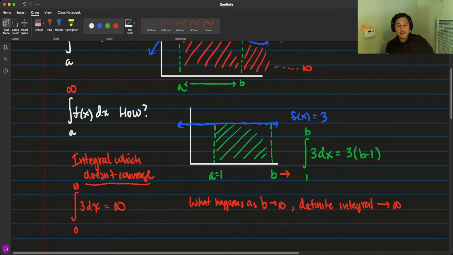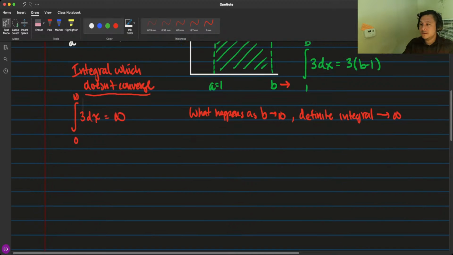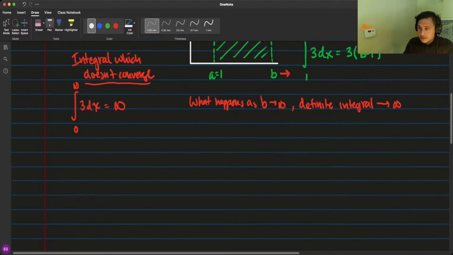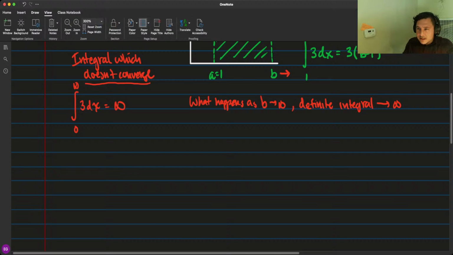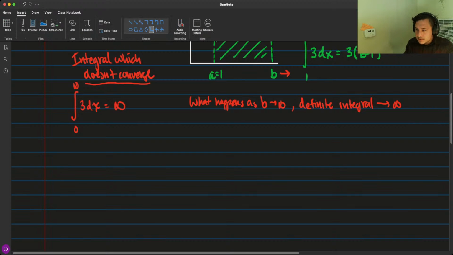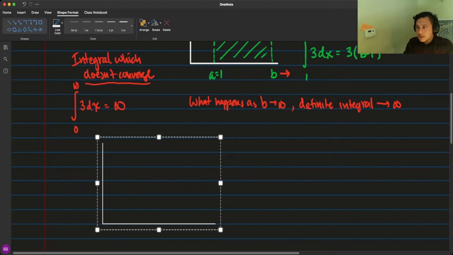Okay, so what we want is something that will go to a particular size. Yeah, so the limit of the Riemann sum. You would want the limit of the Riemann sum to approach a particular number, not infinitely large. So to make that happen, what you need is something like this. Let me put in an axis.